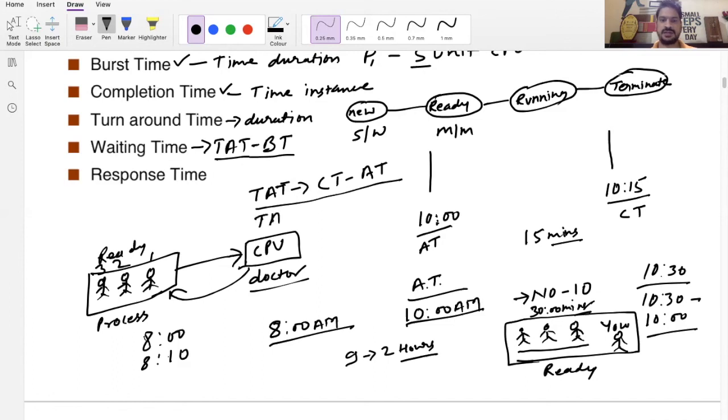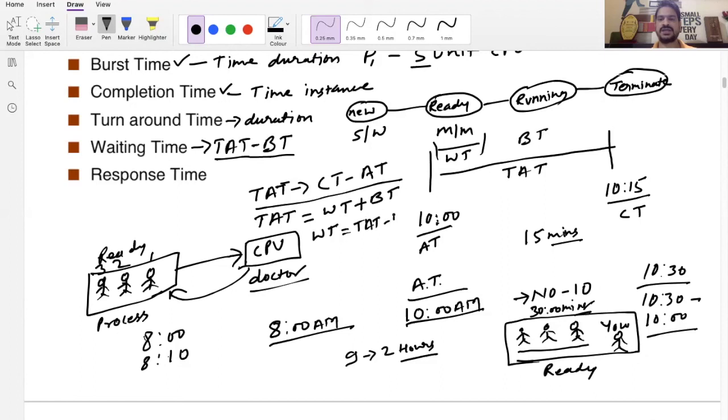Turnaround time is completion time minus arrival time. It is also calculated as waiting time, that is how much time it is in the ready state, plus burst time. Waiting time plus burst time is also called turnaround time. So waiting time will be calculated as turnaround time minus burst time.